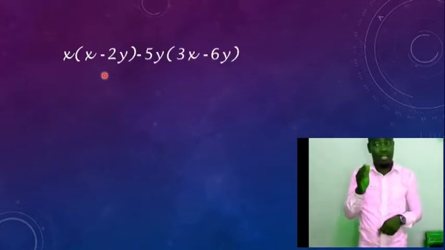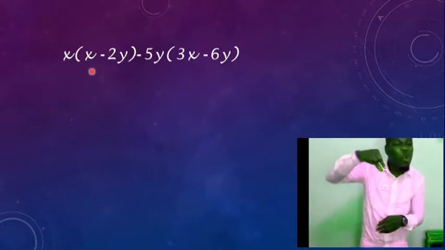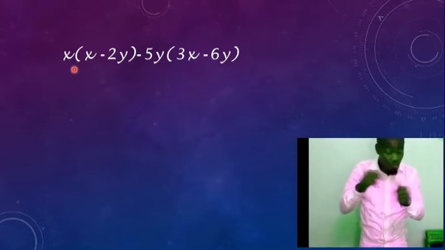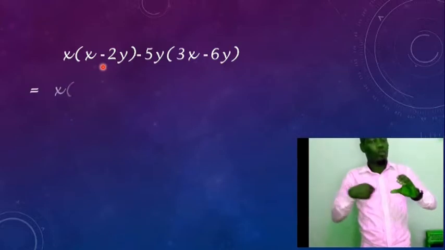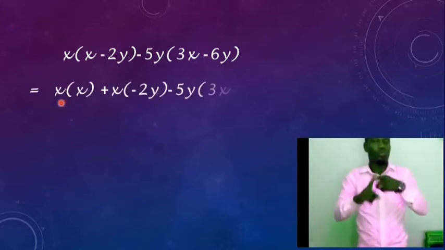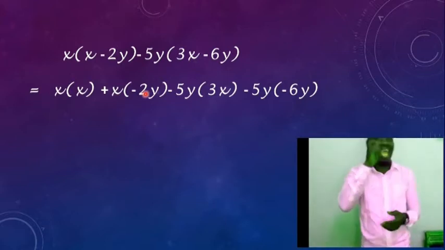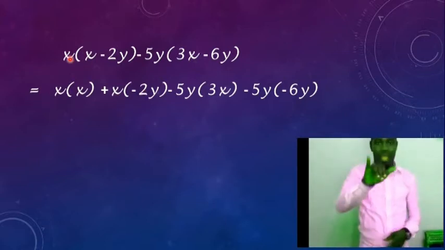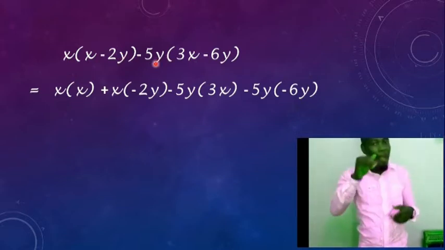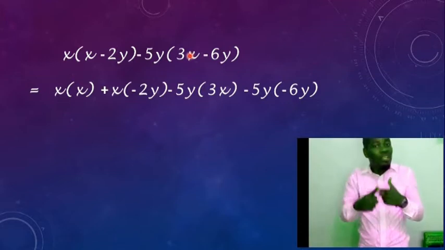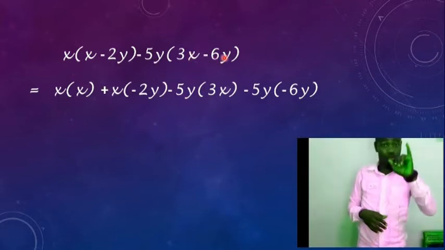We are going to multiply the quantity outside with each of the terms in the bracket. So we have x times x, and then x times minus 2y. Then we move to the second one, minus 5y times 3x, and then minus 5y times minus 6y.